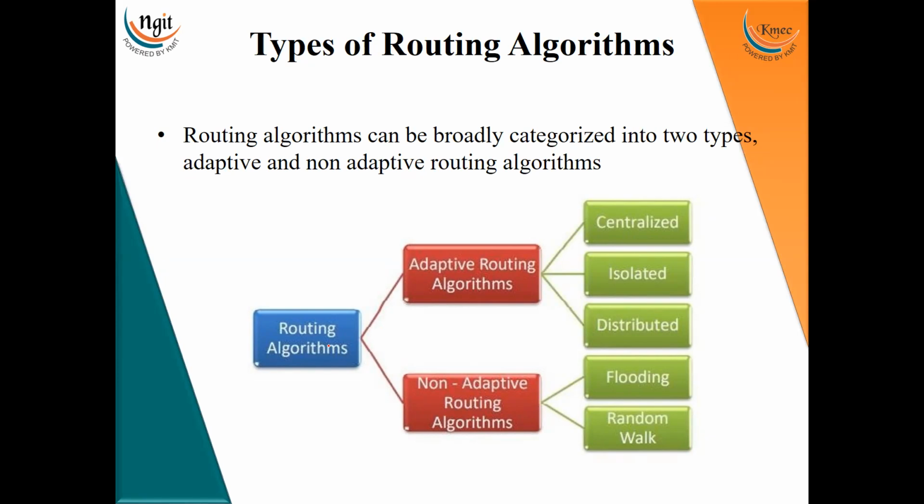Mainly, we have two types: the adaptive routing algorithm and the non-adaptive routing algorithm. In the adaptive routing algorithm, we have the centralized, isolated, as well as distributed routing algorithms. In the non-adaptive routing algorithms, we have flooding as well as random. These are the routing algorithms.